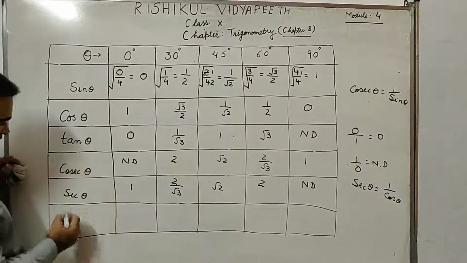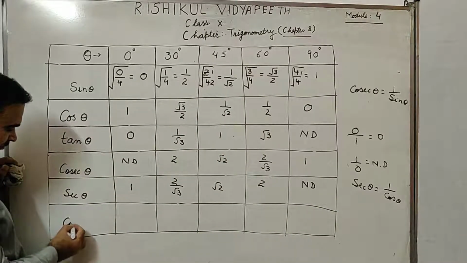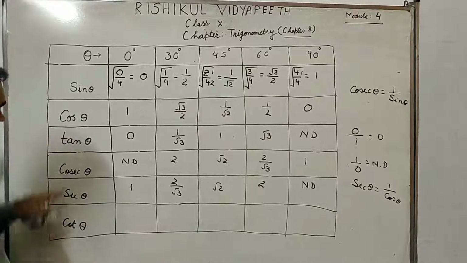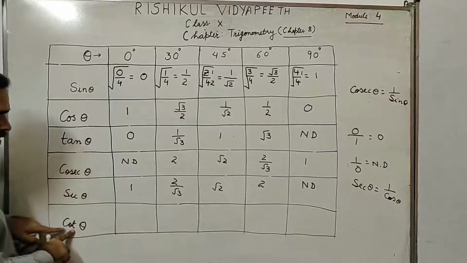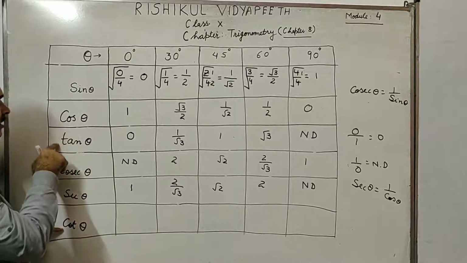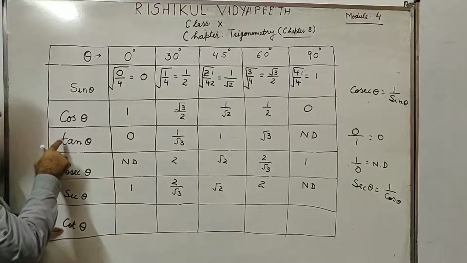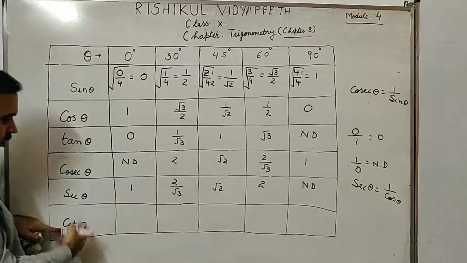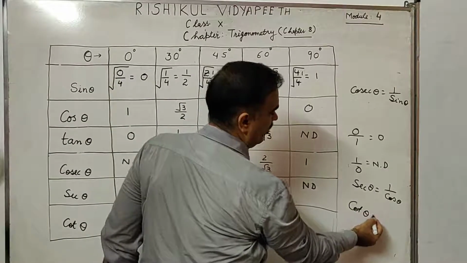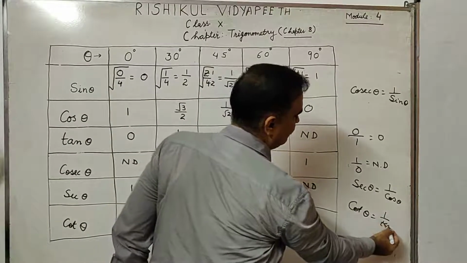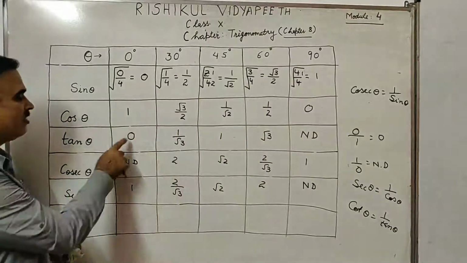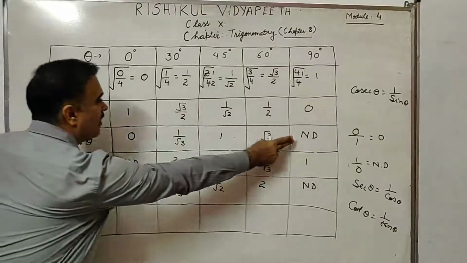See my children, only one is left, that is cot theta. And you know cot is from tan. The full name is cotangent. It means "co" is written before tan theta. So you can write from the back side, or you know cot theta is 1 by tan theta. So we can get this value of cot theta by reversing this value, or by writing from here also.